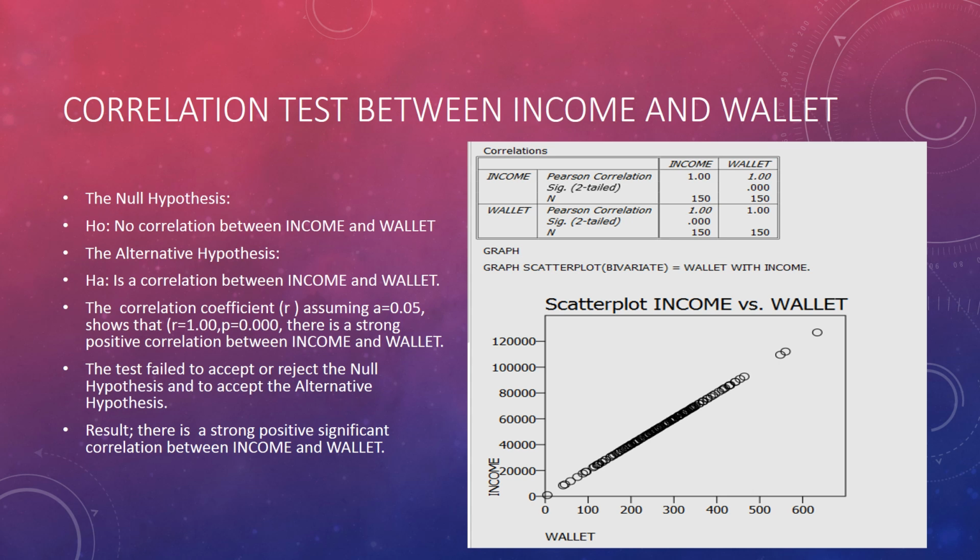The test rejected the null hypothesis and accepted the alternative hypothesis. The result here is there's a strong positive significant correlation between income and wallet.